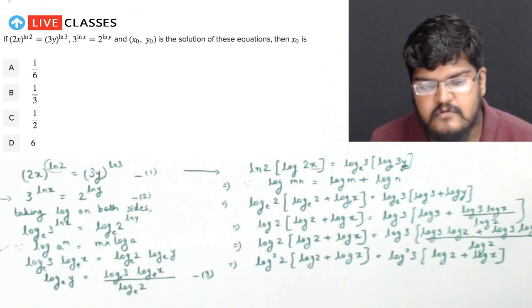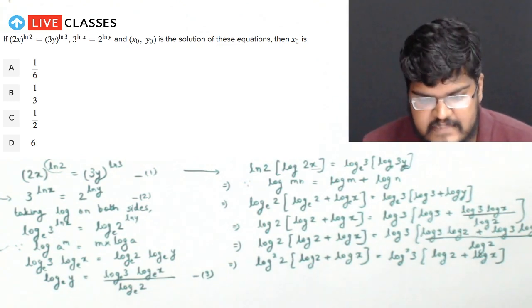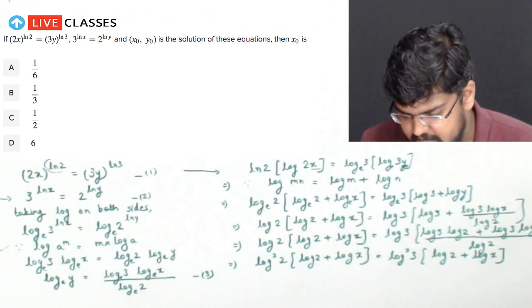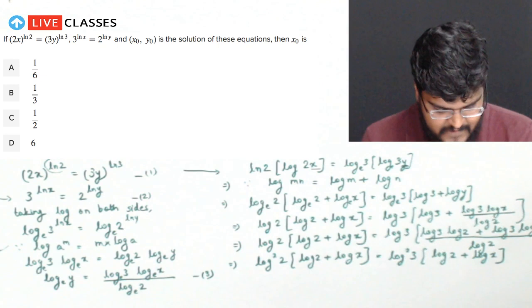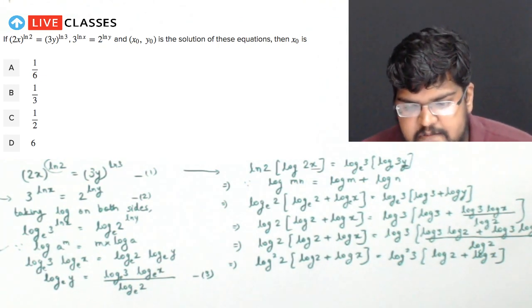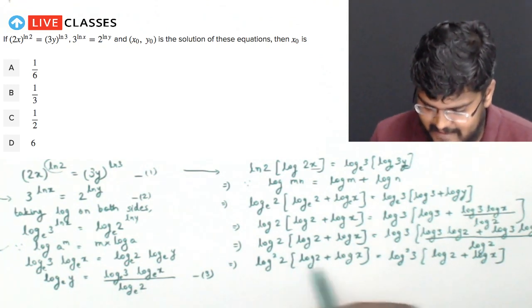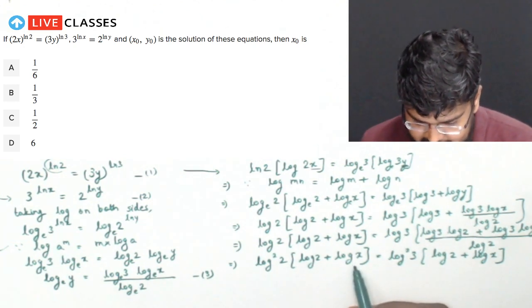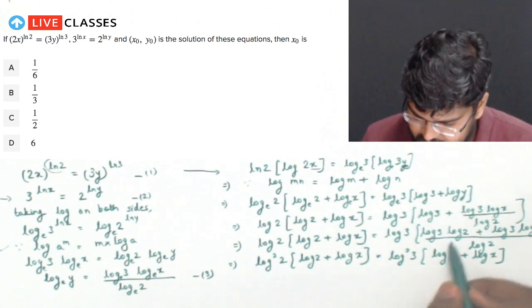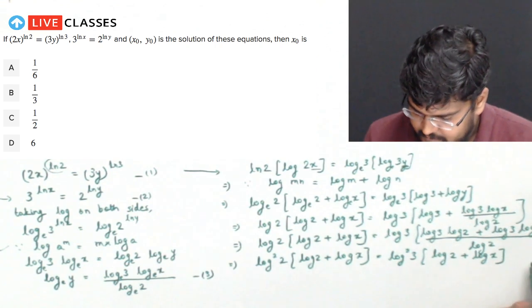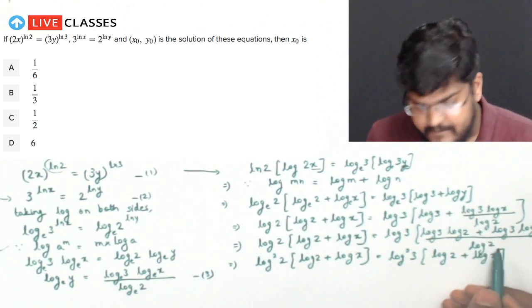Now what you have to do is make sure that the values that you have multiplied and corrected are clear and correct with respect to each other. So over here, by expanding these brackets, what you're going to get is log 2 will be multiplied with log x, log square 2 will be multiplied with this log x, and similarly, when you do it in this particular step, you will not really have to simplify it further.